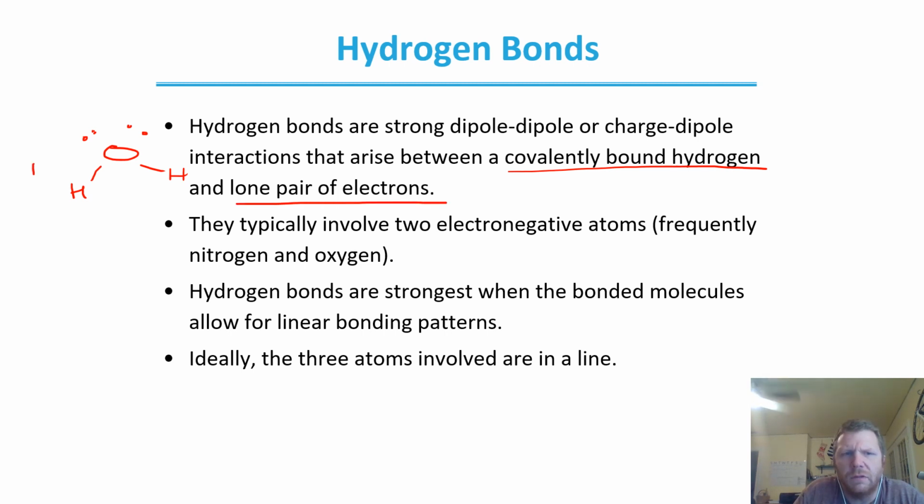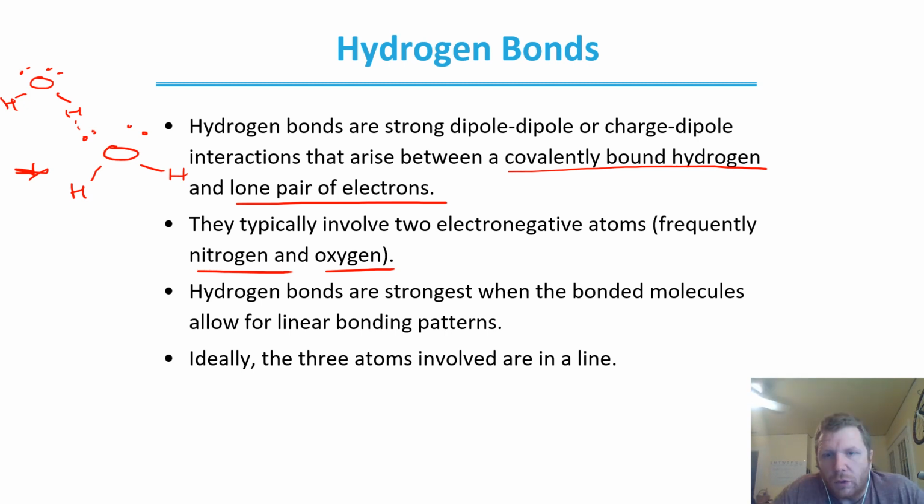Well, this water molecule right here has that lone pair of electrons. Lo and behold, this other water molecule has a lone pair of electrons, but it's also got a hydrogen that can pair up with those lone pairs. They typically involve 2 electronegative elements. Generally, when we're talking about hydrogen bonds, we're talking about nitrogen and oxygen as being those electronegative atoms.